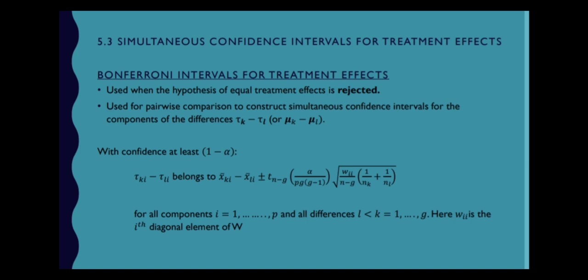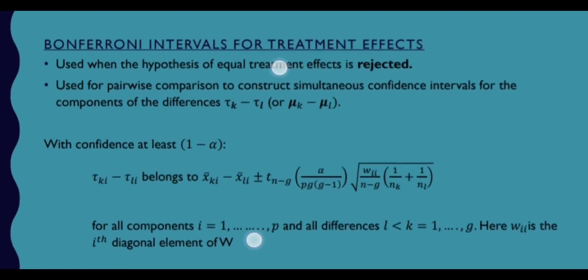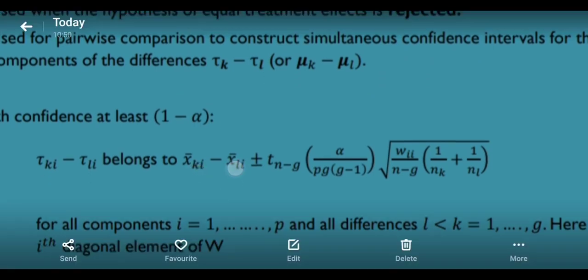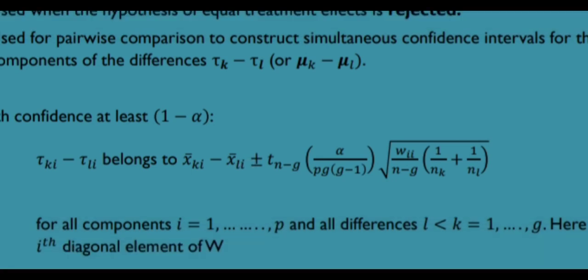X bar kI minus X bar lI. Okay, remember the first subscript k dan l ni adalah refer kepada population ataupun treatment. Let's say we want to compare the variables, the difference between the first population and the second population.